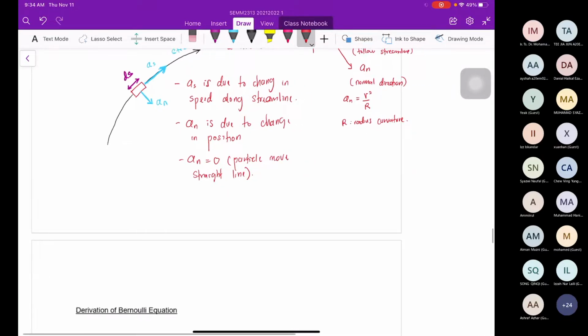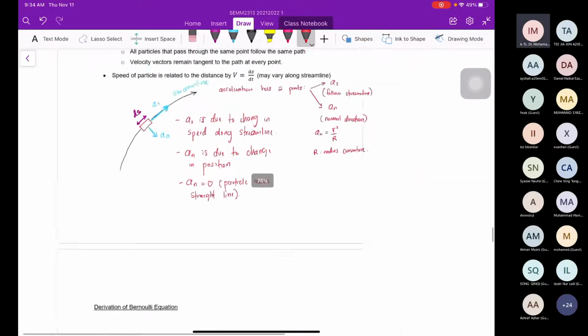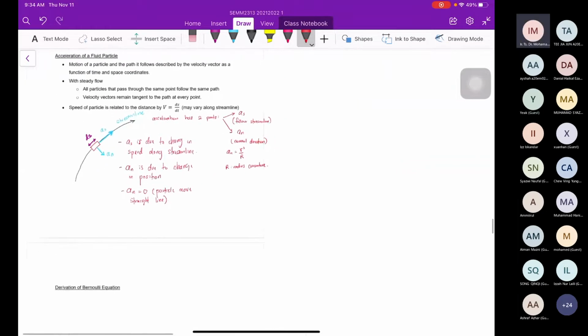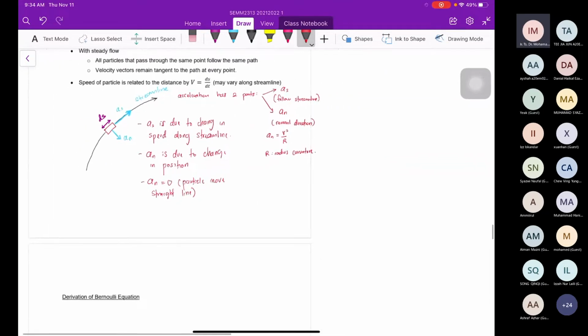So here again, we can show you in the Eulerian point of view, space and time. In order to get the v, this is the dv. Velocity is the partial derivative of v over partial derivative of s, ds, plus partial derivative of v over partial derivative of time, dt. This is in terms of velocity.